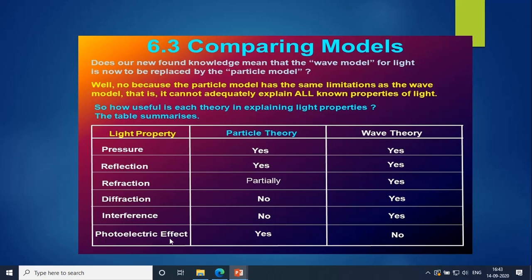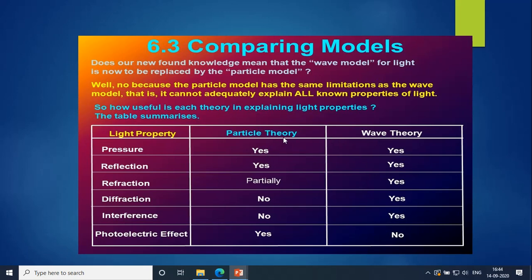And the photoelectric effect can be explained only when you treat light as a particle. Particle theory can explain the photoelectric effect satisfactorily, but you can't explain it using wave theory. So this is the difference between particle theory and wave theory. Both theories are important.